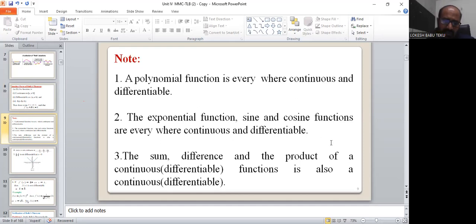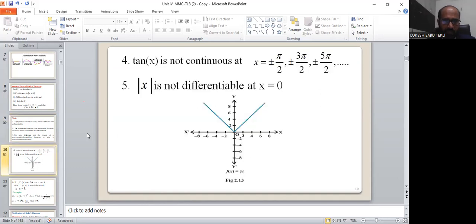Third point: the sum, difference, and product of continuous functions is continuous, and the sum, difference, and product of differentiable functions is differentiable.